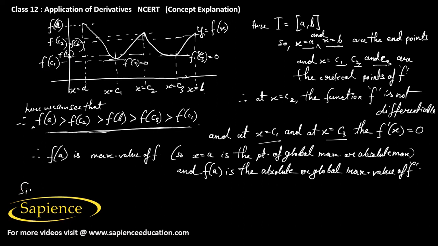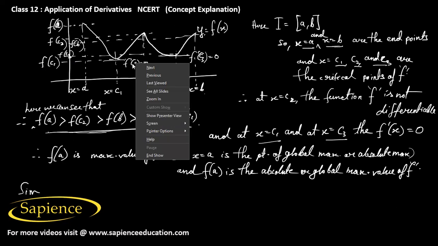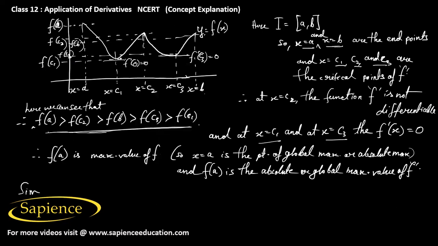And similarly, f of c1 has the least value among all of them.